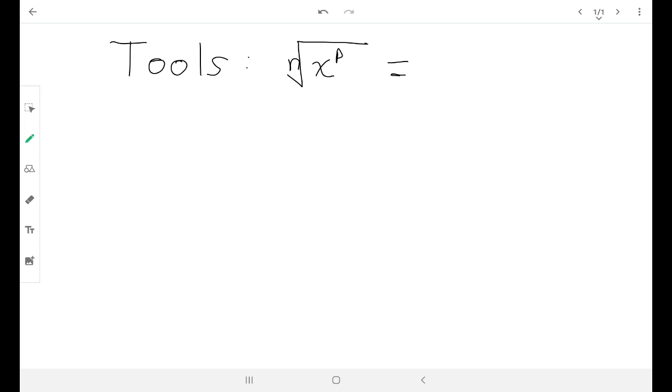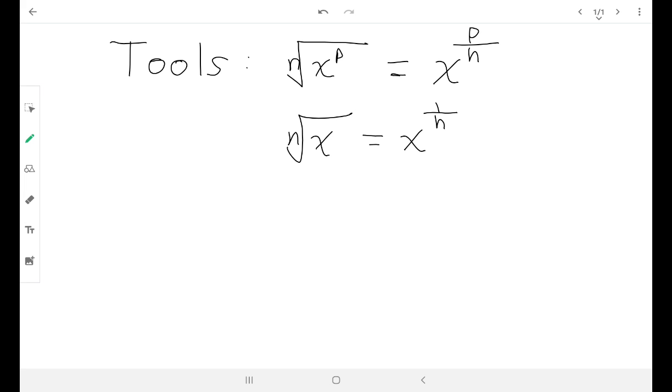So this one would be expressed as x to the p over n. If you just had the nth root of x, that's x to the 1 over n power. Those two rules are going to be incredibly helpful for doing condensing and expanding.